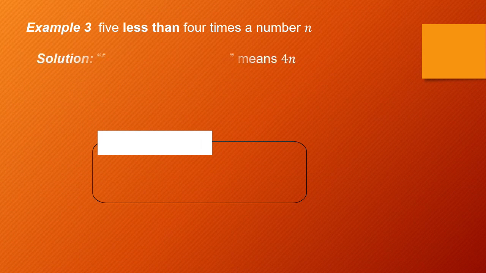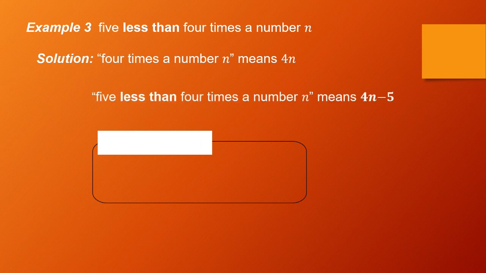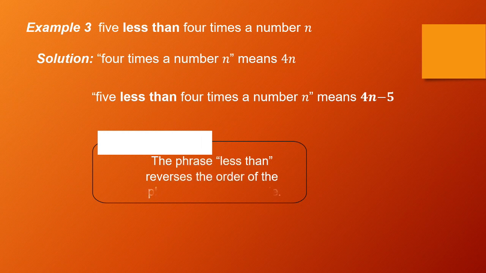Example 3. 5 less than 4 times a number n, meaning 4 times a number n means 4n. And 5 less than 4 times a number means 4n minus 5. Remember that the phrase less than reverses the order of the phrase you will translate. Example 4.